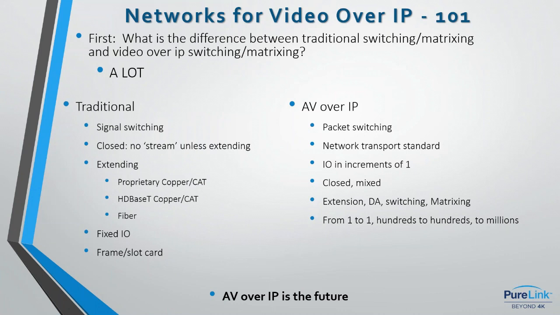In AV over IP, because you've converted these signals to a network transport standard, I can send that out to the world. There's a lot of things more advanced to talk about in this, but ultimately I could send one source to almost a limitless number of people. I could literally have millions of people viewing my source.